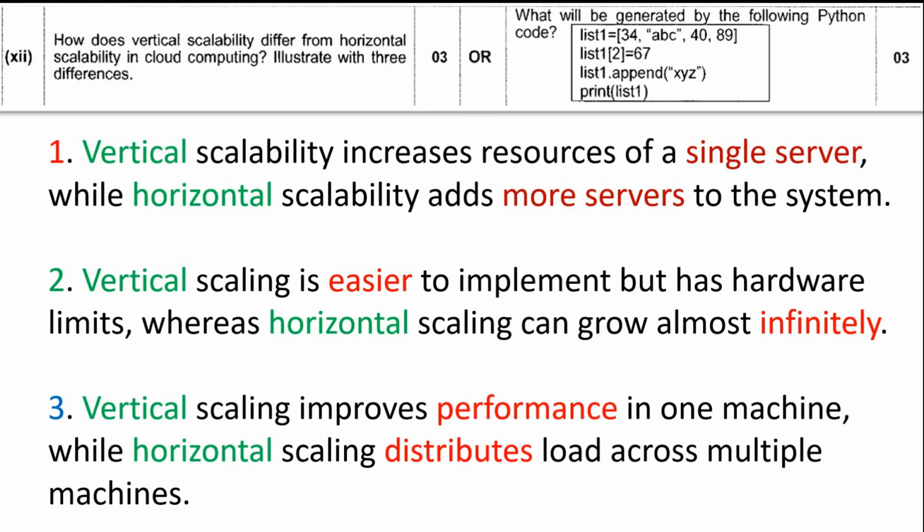Number three, vertical scaling improves performance in one machine, while horizontal scaling distributes load across multiple machines. If you have heavy, complex data that you want to compute, and that data can be distributed on different machines, there are rules and regulations for how data is distributed and how data is combined again to give one consolidated result.